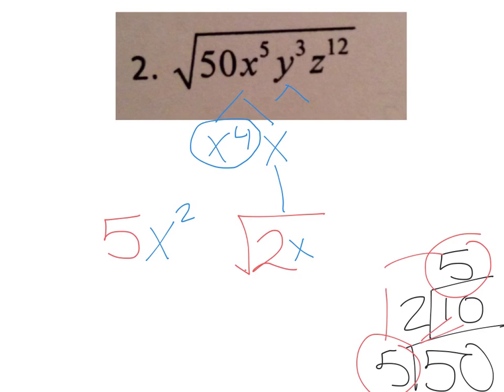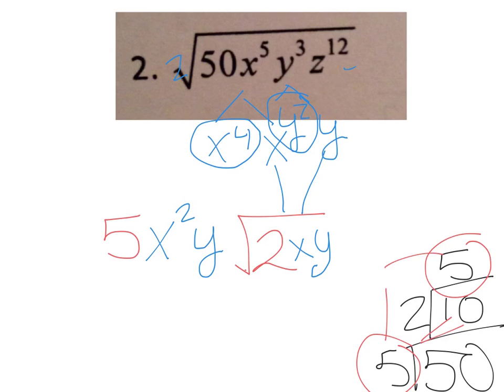The y cubed I can break into y squared and y, and the y squared I can bring out front would give me 1y, because 2 divided by an index of 2 would leave me with 1, and the 1y I would have inside the radical.